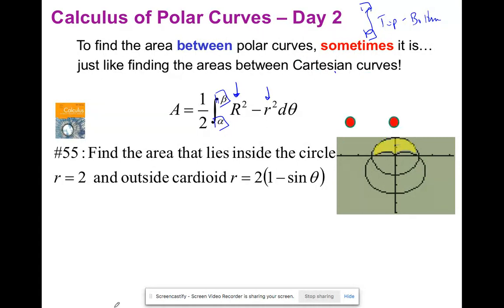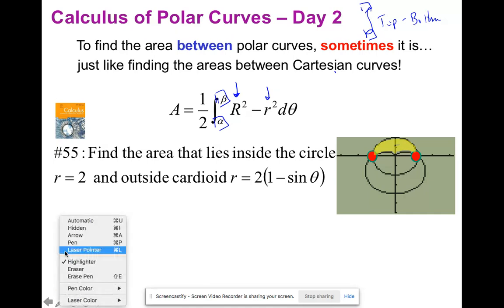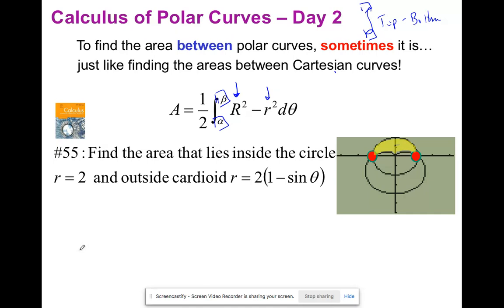So I need to find those points of intersection. How do you find the points of intersection? No matter where you are, anytime, any place, anywhere, you set the equations equal to each other. Circle of radius 2, where are you equal to the cardioid? 2 equals 2 times 1 minus sine theta. Divide both sides by 2.